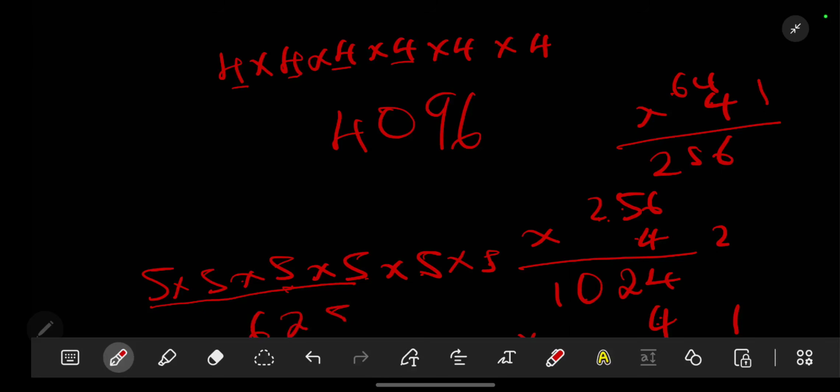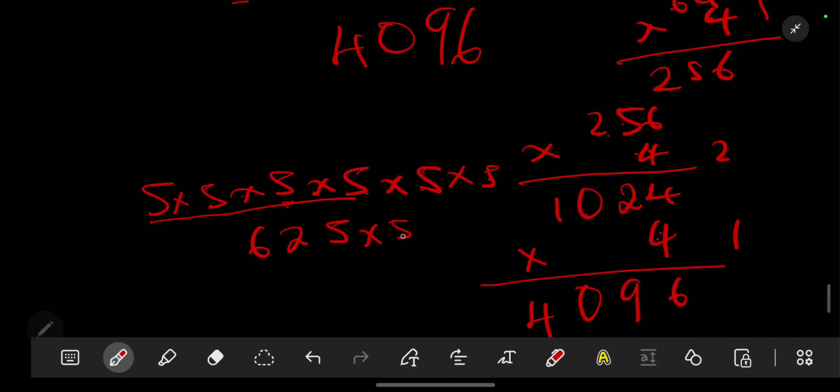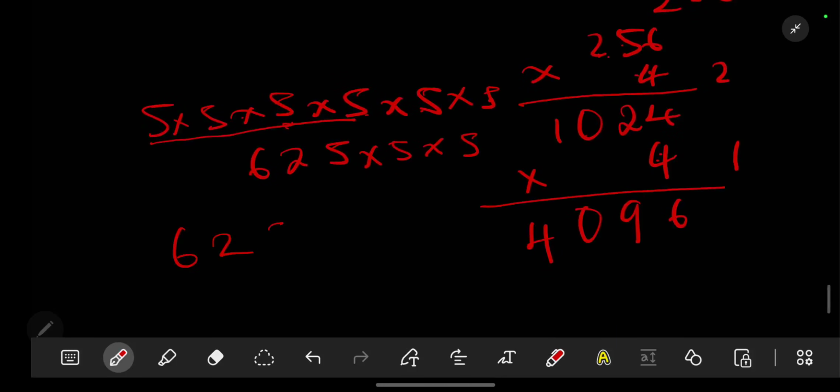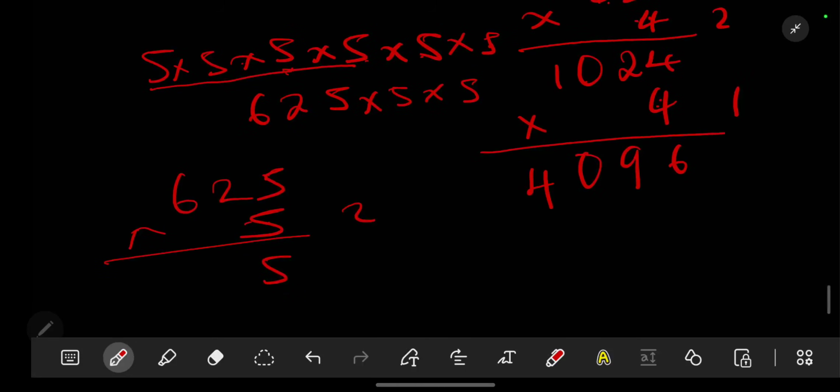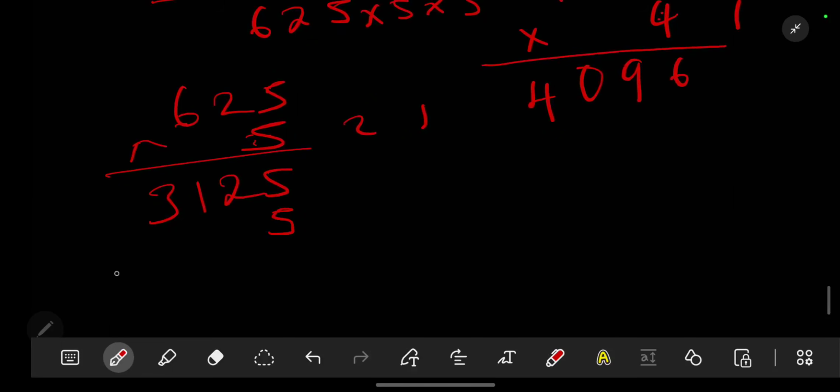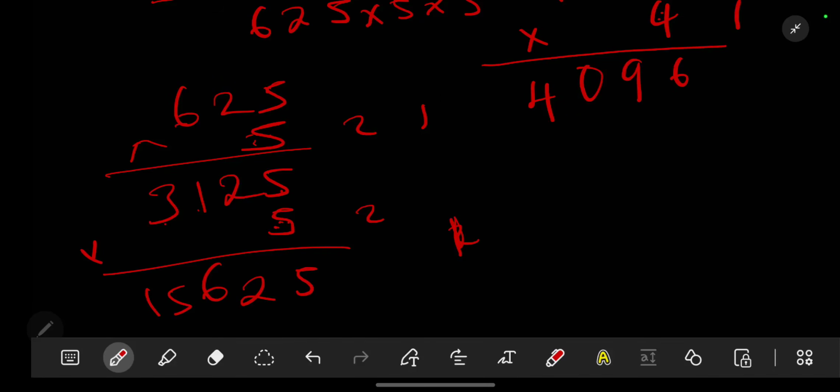Times 5 is 625. 625 times 5 is 3125. Then multiplied by 5, it will be 15,625. So these are the two numbers.